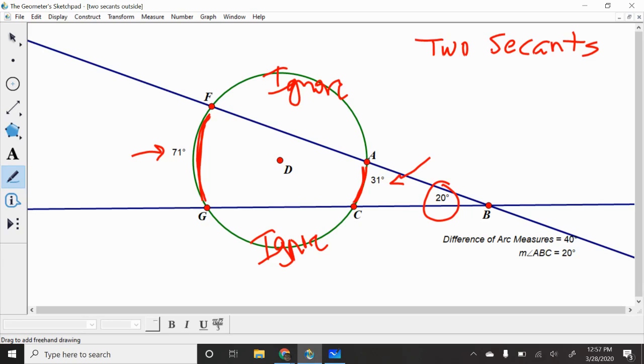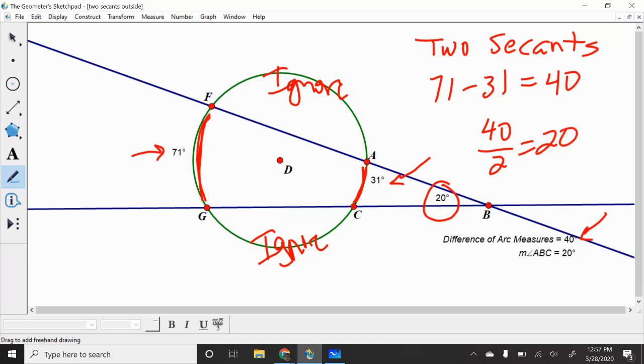Again, big arc minus little arc. So 71 minus 31 is equal to 40. That's what this 40 is referring to, the difference in arc measures. And then 40 divided by 2 is equal to 20. That's this angle that's on the outside right here.